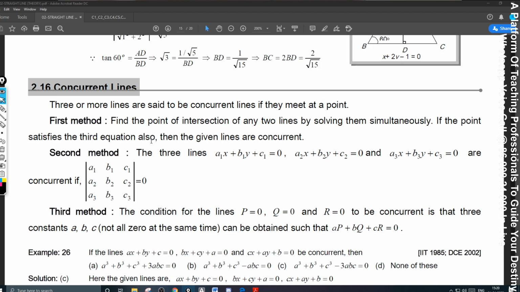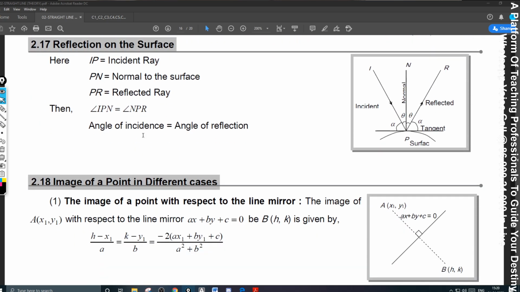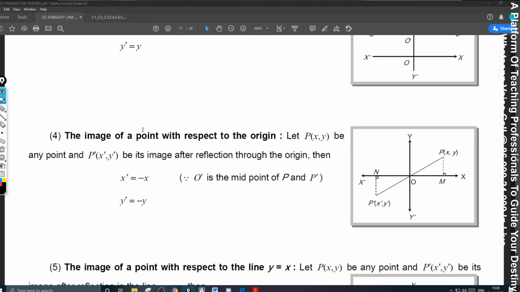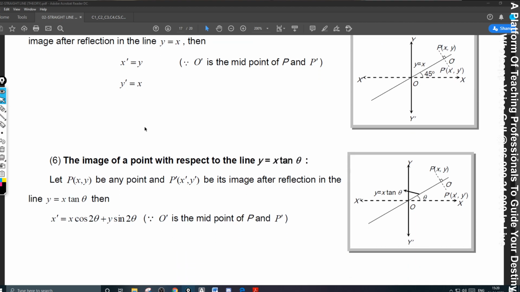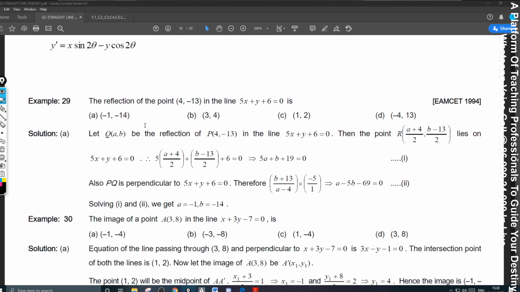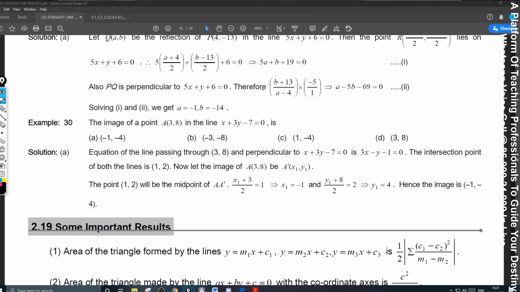This is concurrent lines. I have to discuss this. We've not done the problems based on the image or reflection. I think we did it. I discussed this in the previous session.